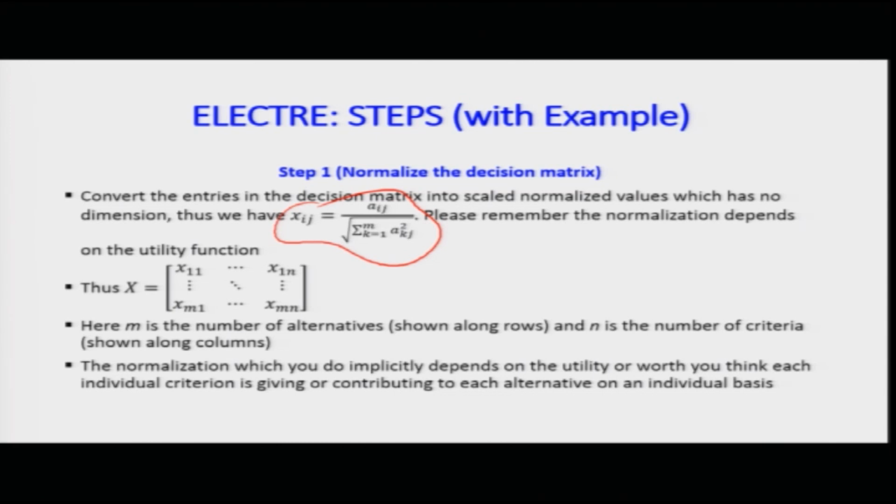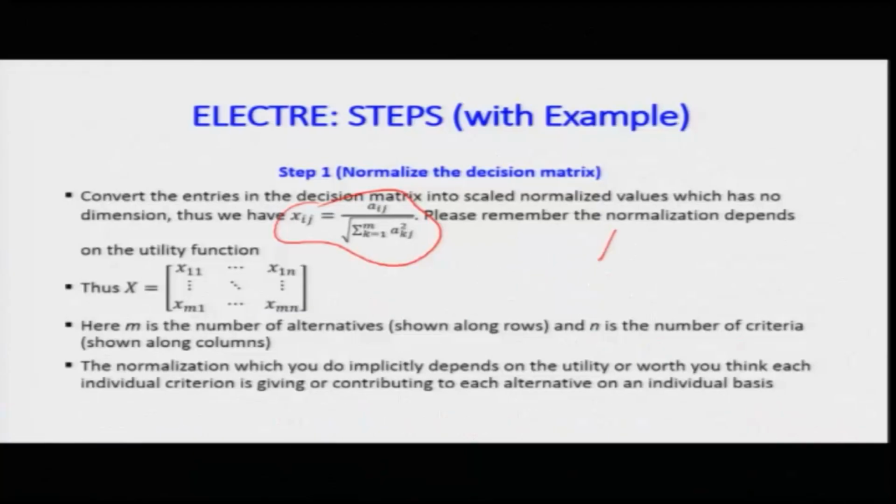Once you normalize the scores, say the score for one of the criteria for one of the alternatives is 0.12, which means the overall effect of that criterion on that alternative, when you are comparing the alternatives, would be 12% on a scale of 100.